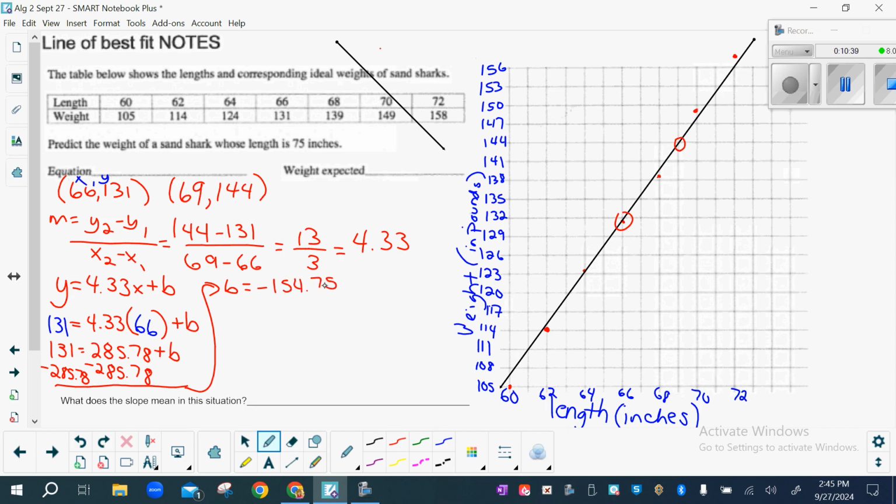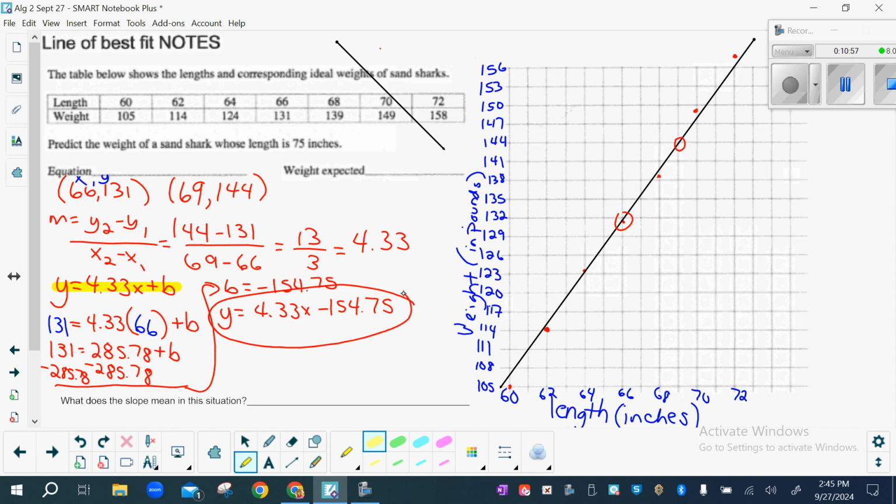So now we can write the equation of our line using this here. So we have y equals 4.33x minus 154.75. So we just computed our line of best fit.